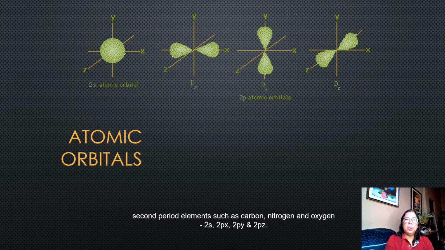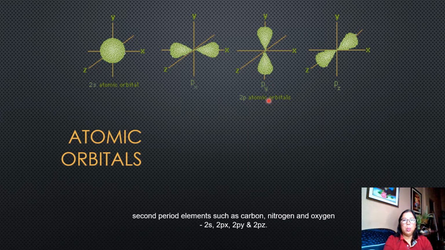Let us try to look in a magnified view. So this is your s orbital. This is your px. The lobes are found in the x.